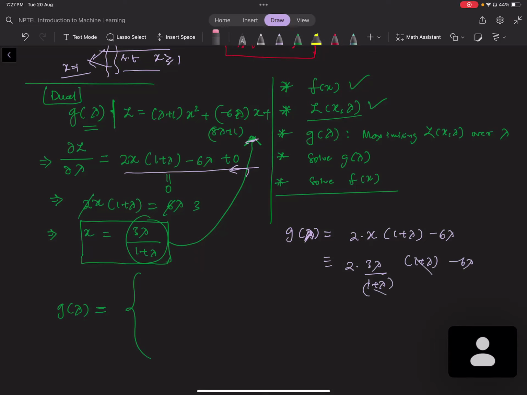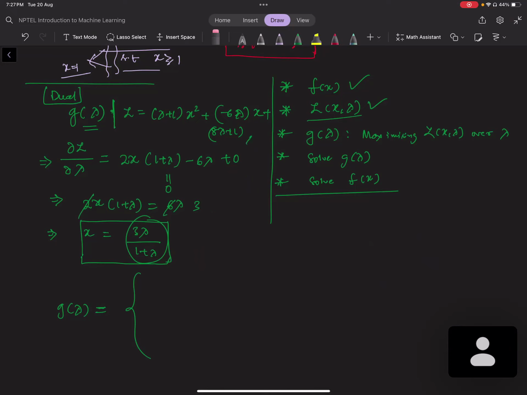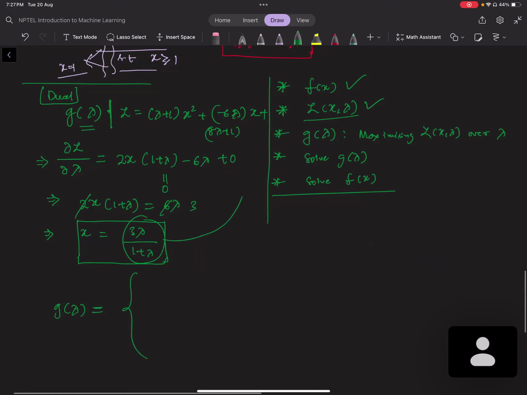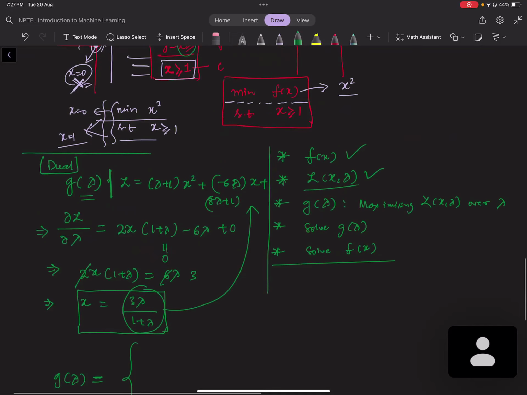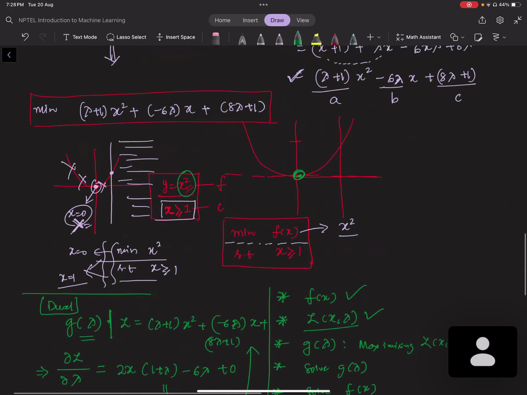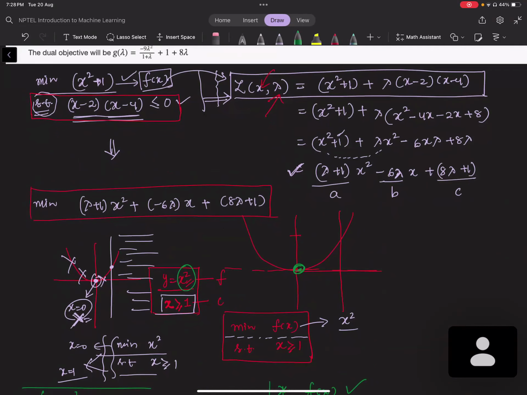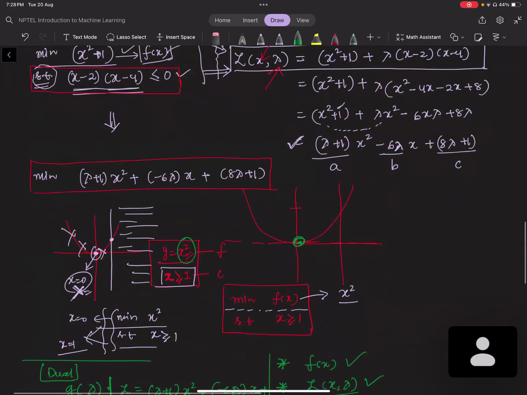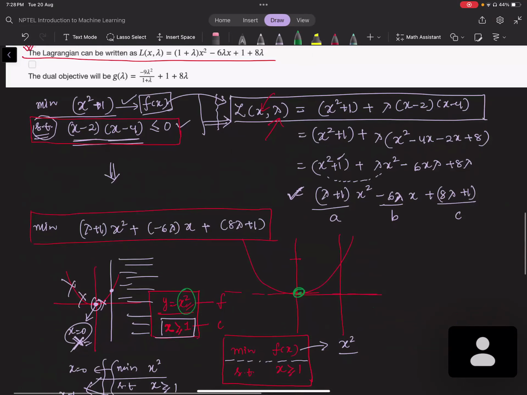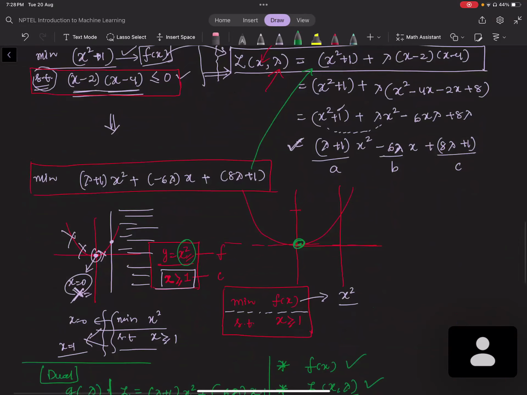So this will be 0, it's no point. Since this equation is the same as this one, we just rearrange this. Let me try putting it here, it will be easier to calculate.